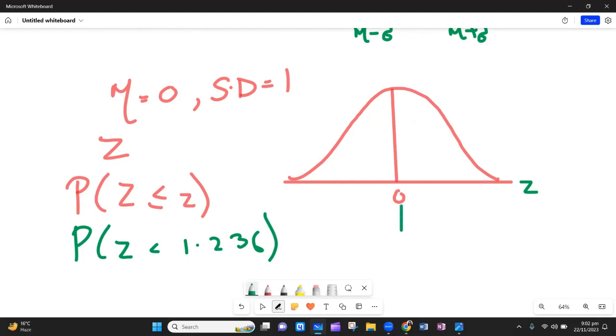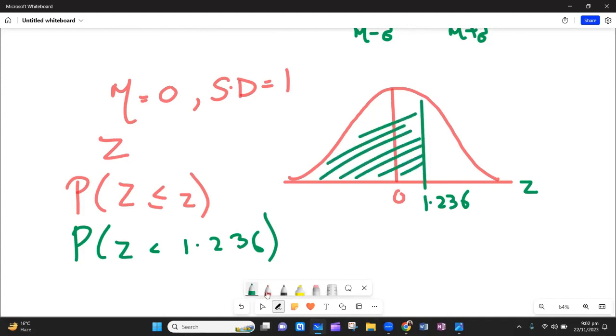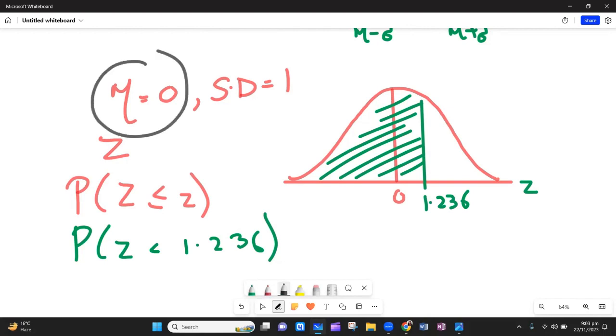So if this is 0, 1.236 is somewhere here. And you have to find this area, because area represents probability of z, which is a random variable having normal distribution. Find the probability that this random variable is less than 1.236. The assumption here is that the mean of the distribution is 0, standard deviation of the distribution is 1.